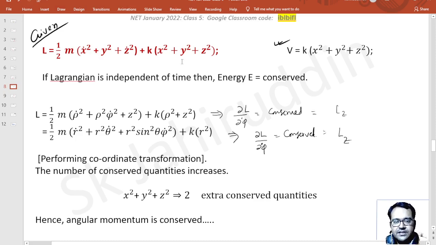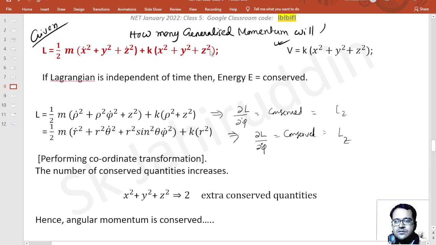You are asked how many generalized momenta will be conserved.